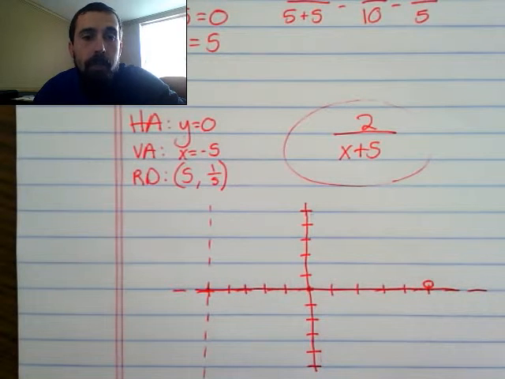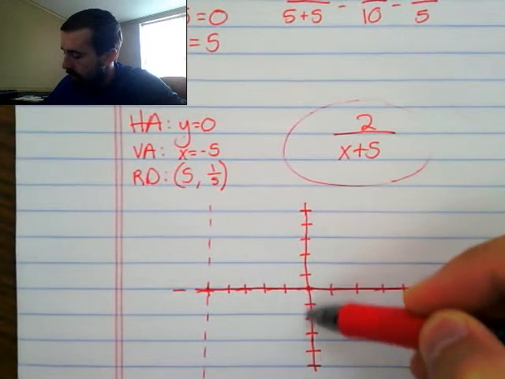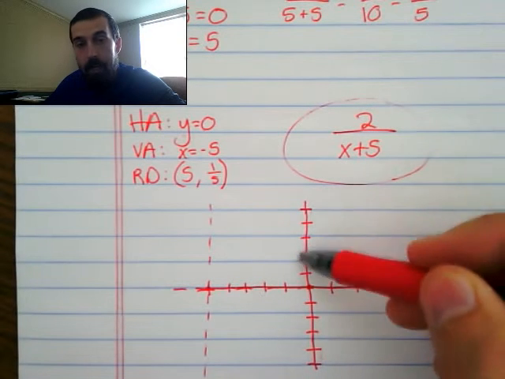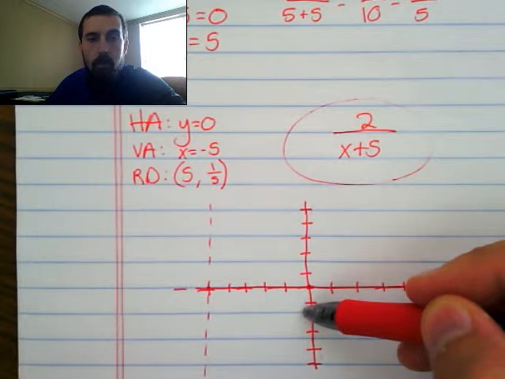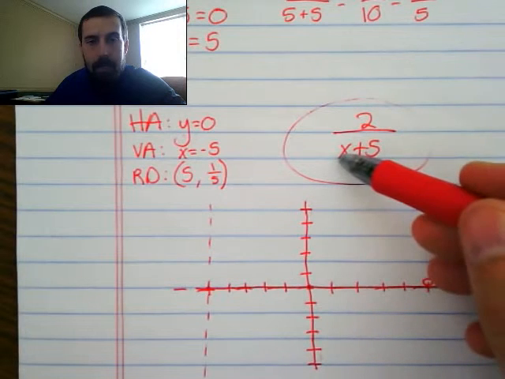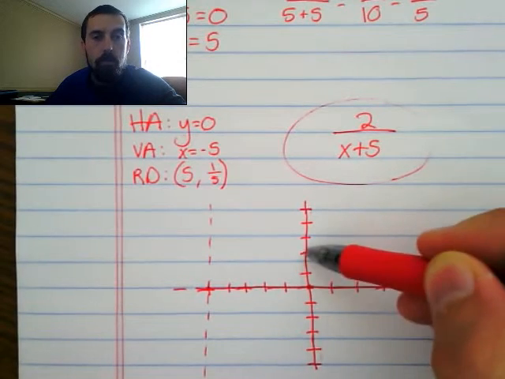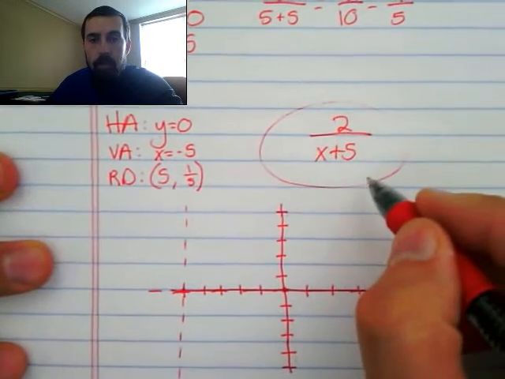Well, for y-intercepts, what are your x values? You have to ask yourself that. When I go along this y-axis, any point along this y-axis, if I stay on the y-axis, my x value is going to be 0. So if I plug in 0 for all my x's, I'm going to get a y value. So for here, I have 2 over x plus 5.